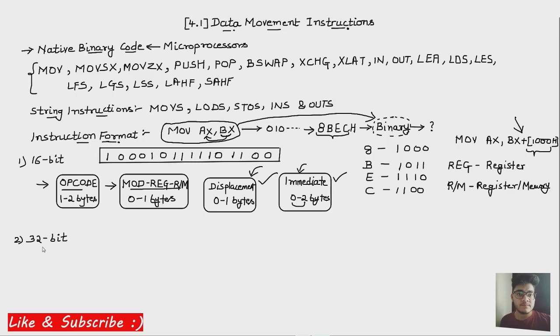In the 32-bit we have this whole structure, right? This whole 16-bit structure is there. So let me just redraw. First of all, let's focus on the 16-bit, right? We have this example 8BECH, which is the 16-bit instruction.